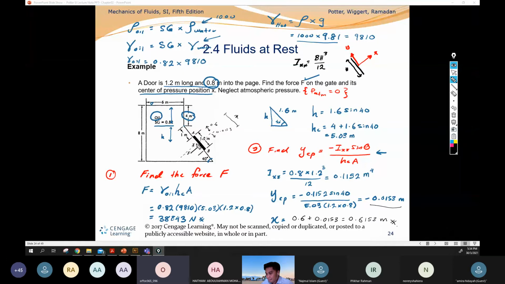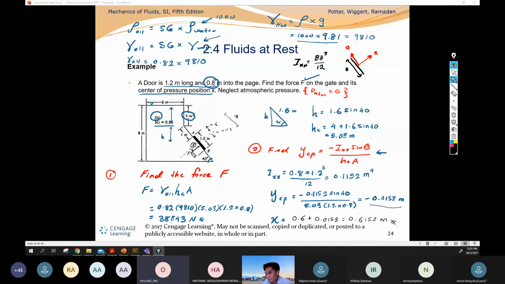At the middle of X. Yeah, in the middle of X. So YCP is below the centroid, a little bit below, right?